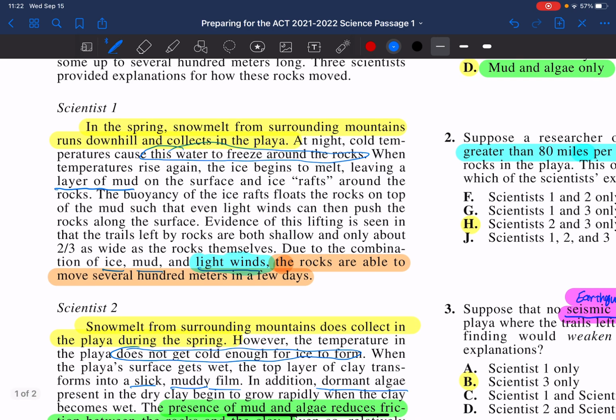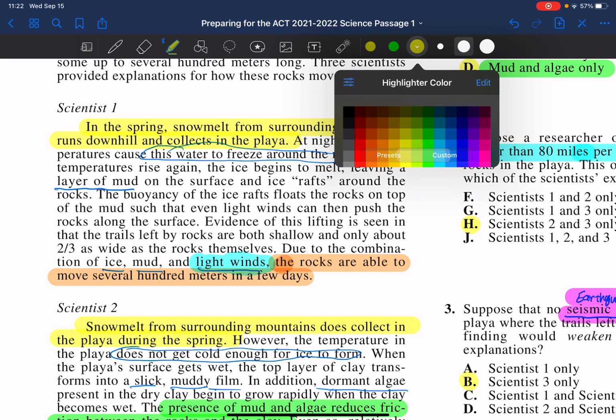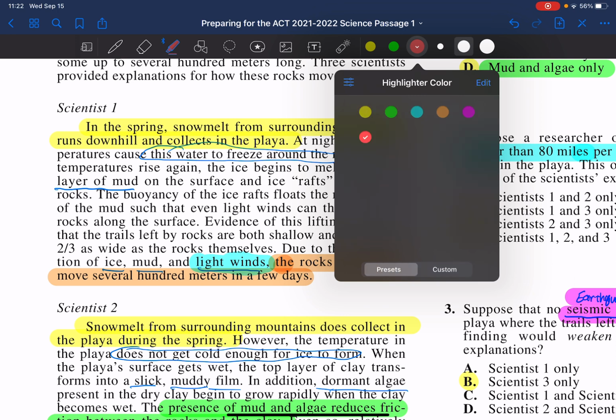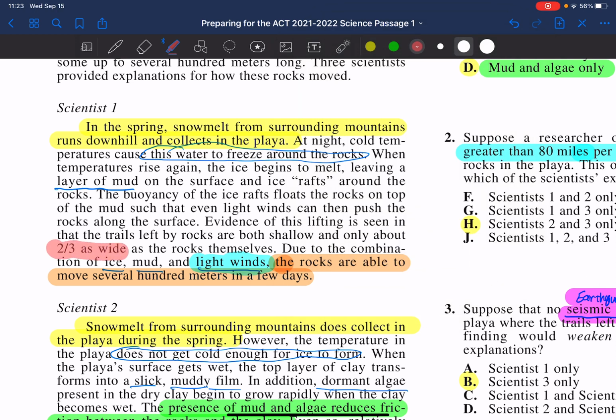As I skim through this, the key phrase that I'm seeing comes in right about here. Right here. About 2/3 as wide. Trails left by the rocks are about 2/3 as wide as the rocks themselves. That's the key phrase.